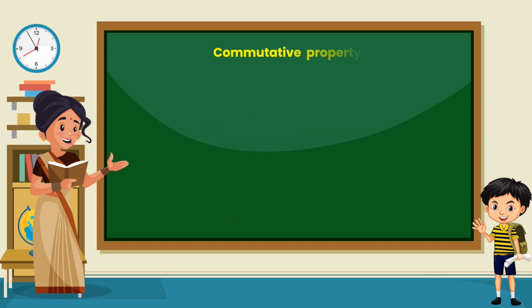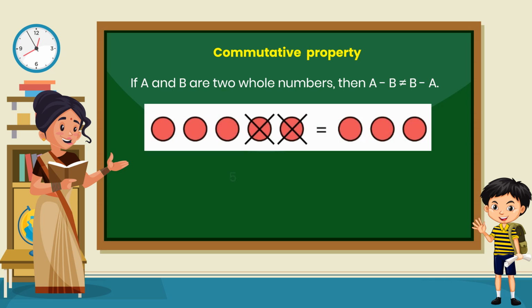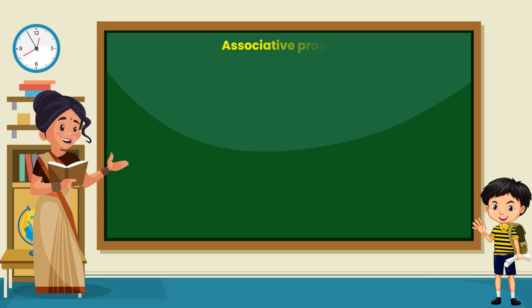Commutative property. If A and B are two whole numbers, then A minus B does not equal B minus A. 5 minus 2 equals 3. 2 minus 5 does not equal 3. Associative property.